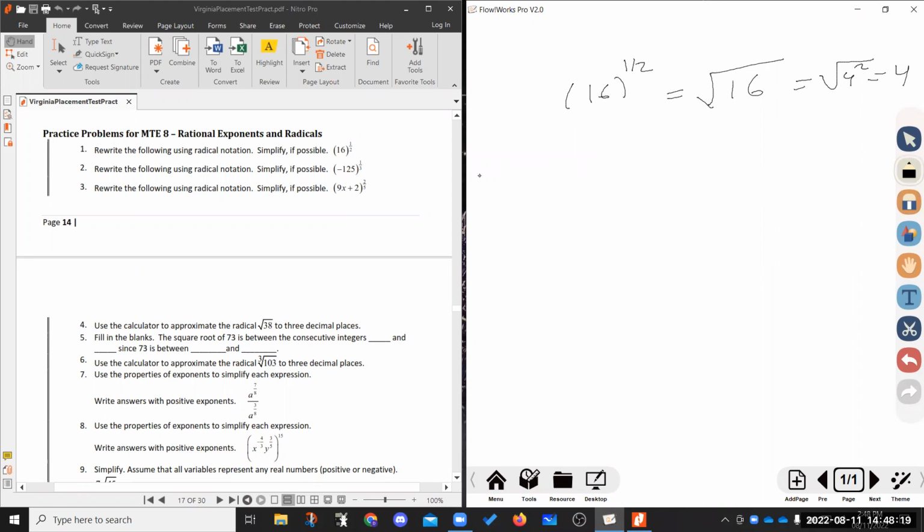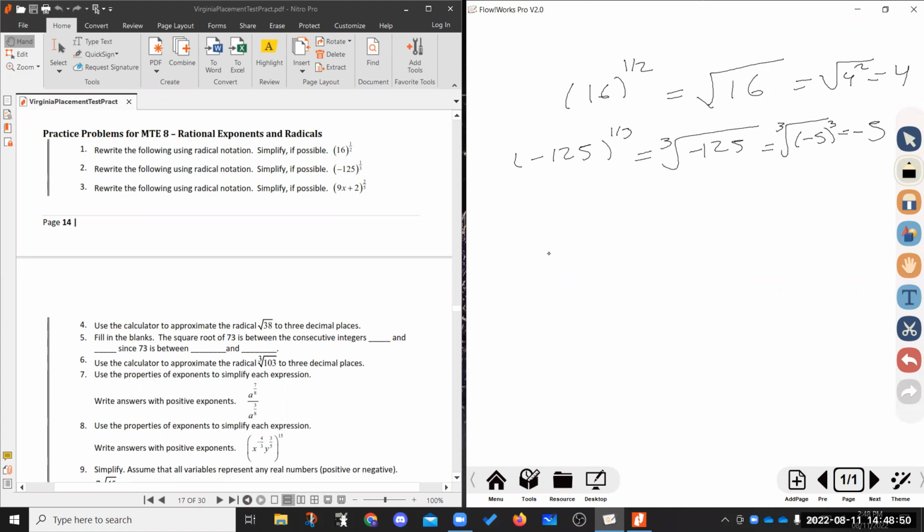We're going to deal with some imaginary or complex numbers, but we are allowed to take the cube root, or an odd root, of a negative number. -125 to the 1/3 power is the cube root of -125, which is the cube root of -5 to the 3rd power, because a negative times a negative times a negative is a negative. So this answer simplifies to -5.